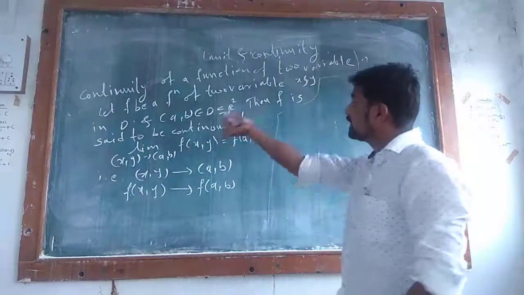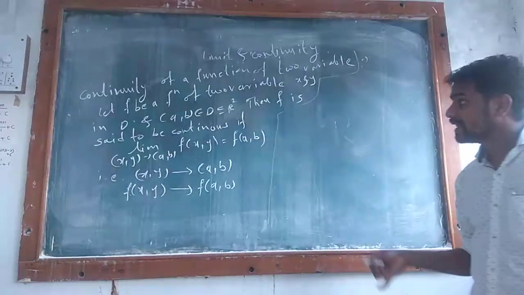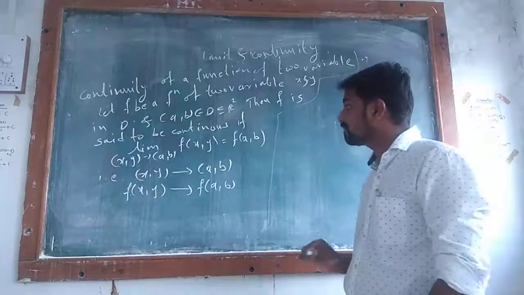Let f be a function of two variables in D and (a, b) belongs to D, a subset of R square.